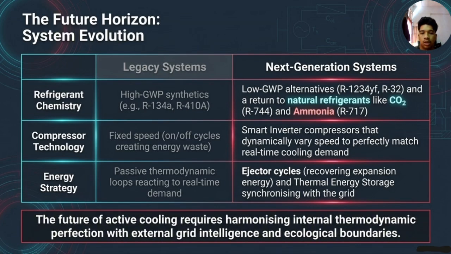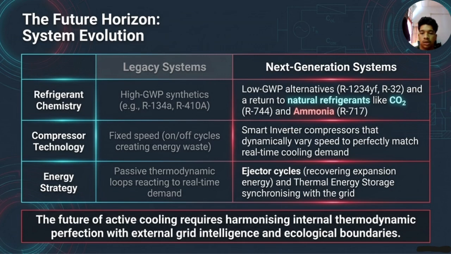The next generation systems use low GWP alternatives, R1234YF and R32, and a return to natural refrigerants like CO2 (R744) and ammonia (R717), which is good for the environment because they release low greenhouse gas.